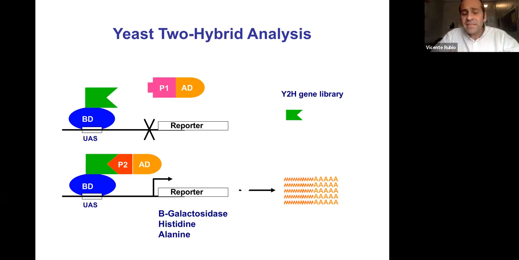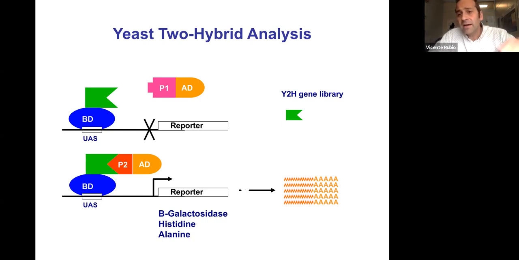Yeast two-hybrid analysis is performed in a heterologous system, in yeast, in which we express two different fusions: our protein of interest fused to the activation domain of, usually, the GAL4 transcription factor, and the proteins to be tested fused to the DNA binding domain of GAL4, and vice versa.